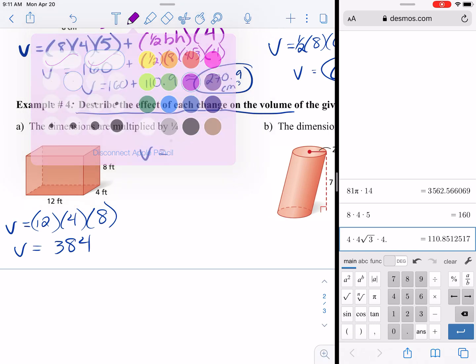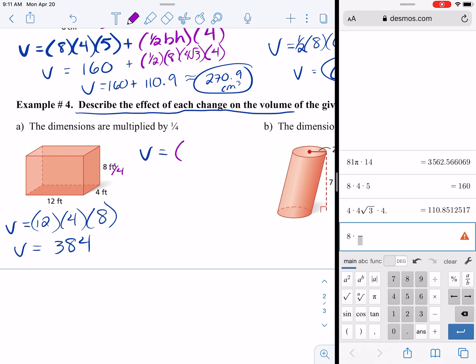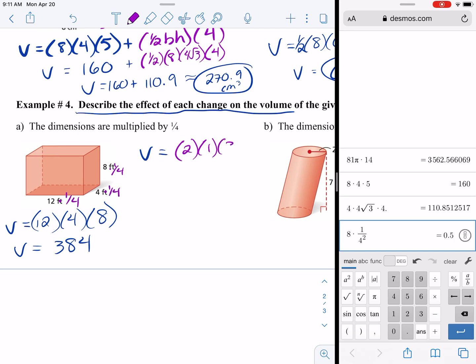So 8 times 1/4, you can just use your calculator if you need to. Just leave this with 2. 4 times 1/4 is just 1. 12 times 1/4 is 3. So we get a volume of 3 times 2 times 1, which is 6.